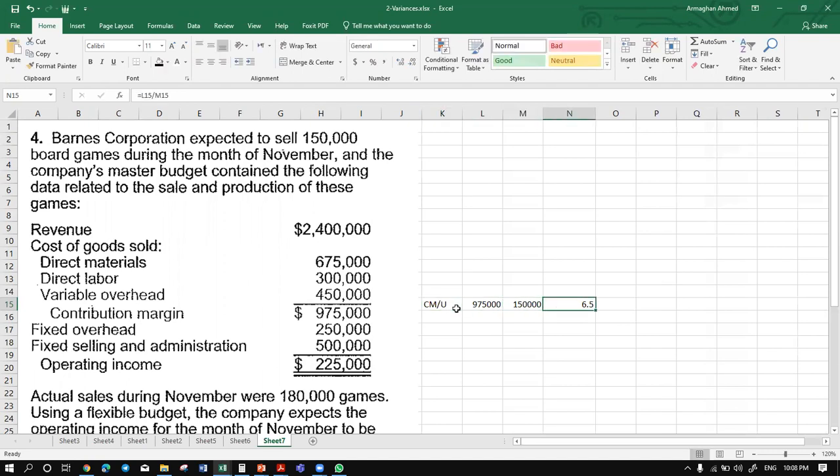So how many units are we manufacturing? 180,000, right? So the number of units manufactured is 180,000.